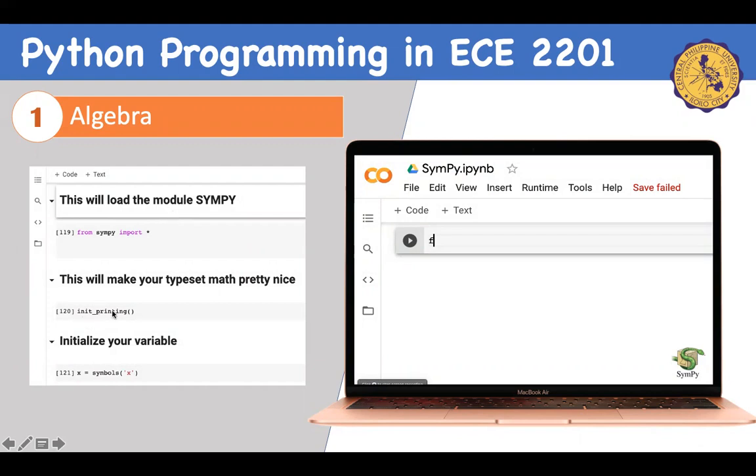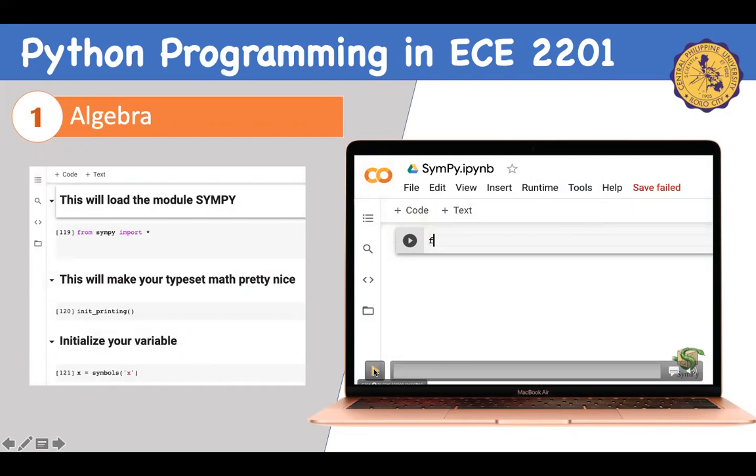The next line is init_printing. This will make your equation or expression really beautiful in Python SymPy. Now, to initialize your variable, we have here x equals symbols, open parentheses, close parentheses. We have single quote x. That is to define that x is a variable.